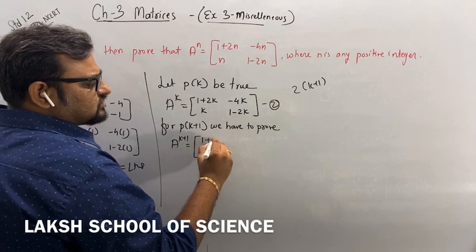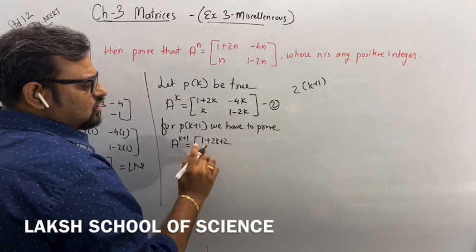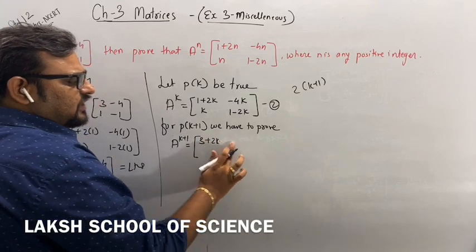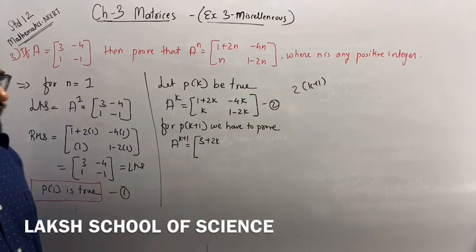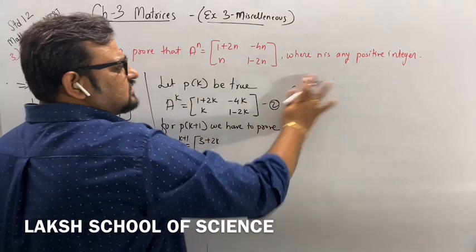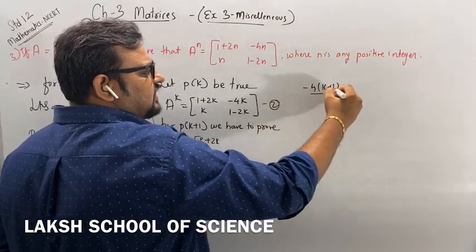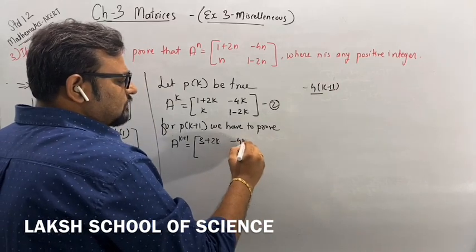So 1 plus 2k plus 2, so this will be equal to 1 plus 2, 3, so 3 plus 2k. Second, minus 4 into k plus 1 means minus 4k minus 4.